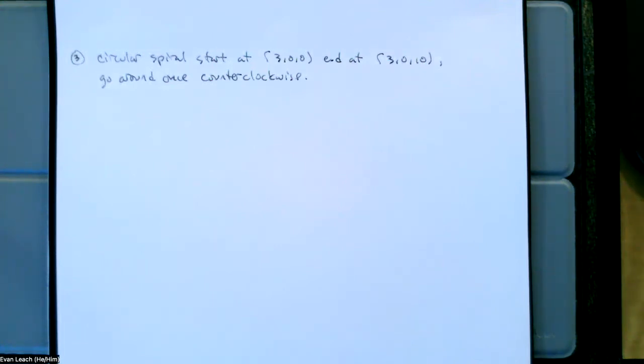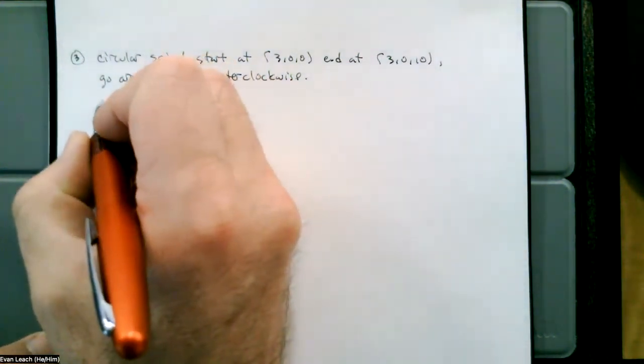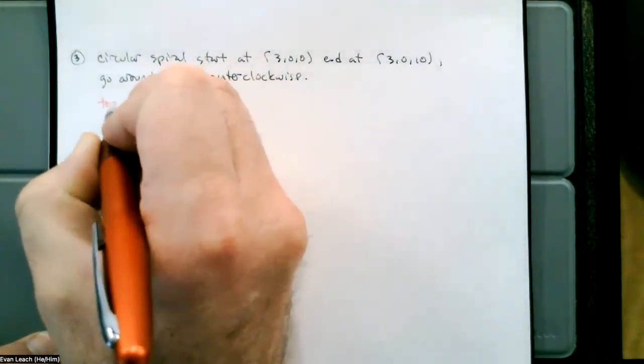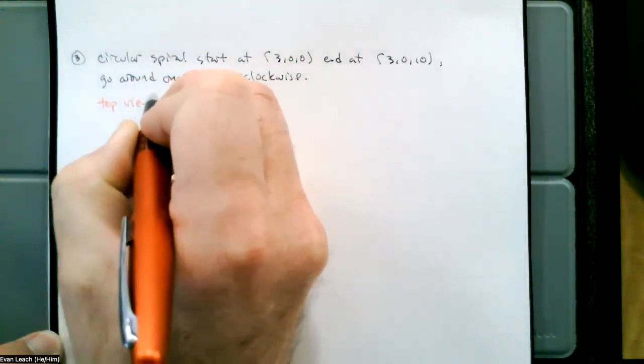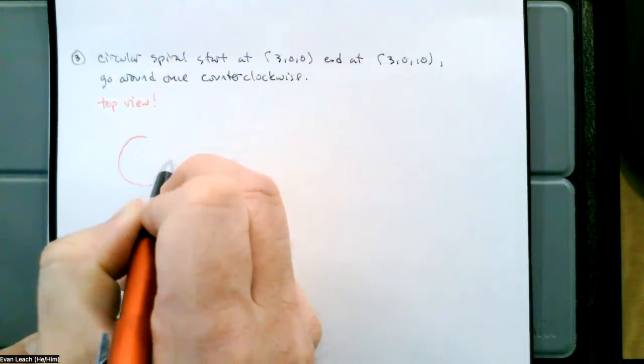So the top view on the XY plane, we're not going to see the vertical translation. We're not going to see how we're going up the stairs. So from our XY plane, we're just going to see a circle.